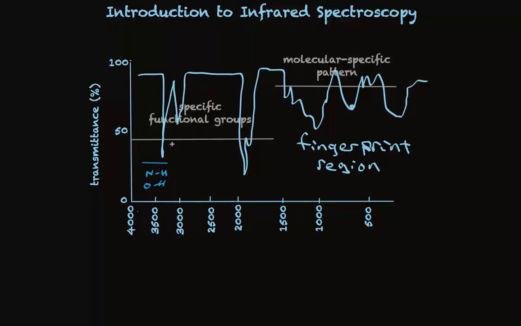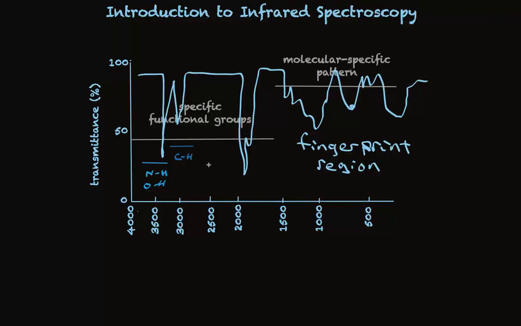In a region adjacent to that, around 3,000 and in the upper 2,000s, we'll see a variety of CH absorptions. And just exactly where this comes depends, among other things, on the hybridization of carbon.